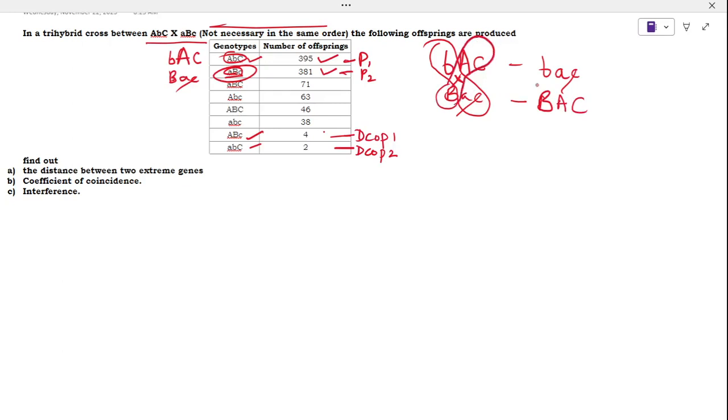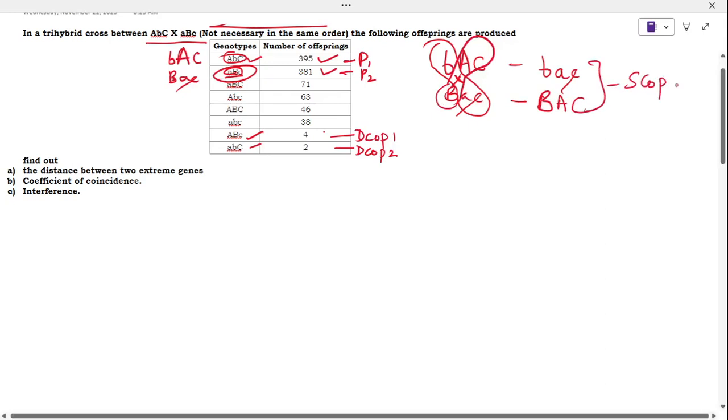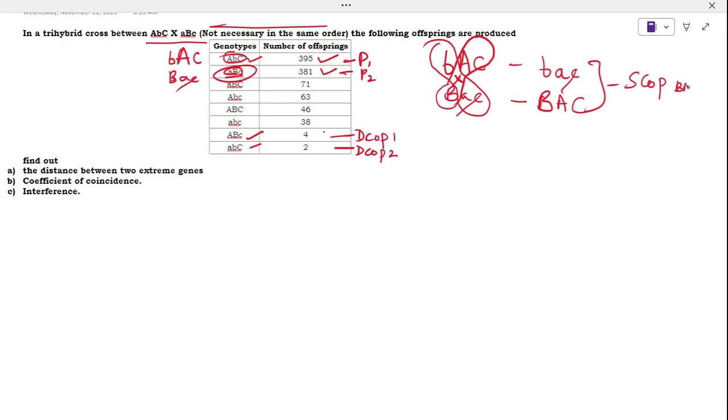This is the single crossing over product with respect to BA. Next, we'll write once again the parental combination, small b, capital A, capital C, capital B, small a, small c, and instead, the crossing over happens here. This is the single crossing over product with respect to AC.